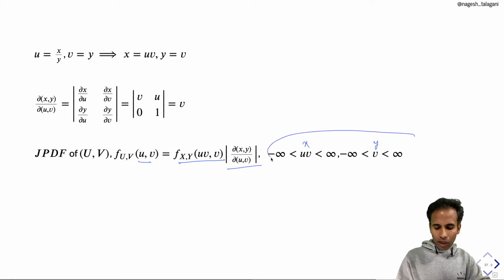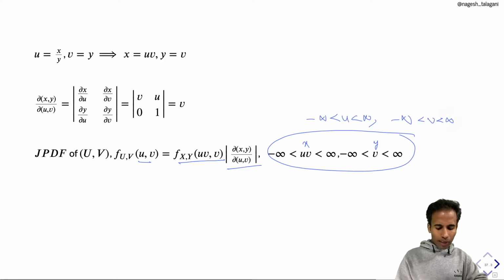Actually, this will cover the whole plane. Here the Jacobian we got is v, right? So this is going to be mod v.